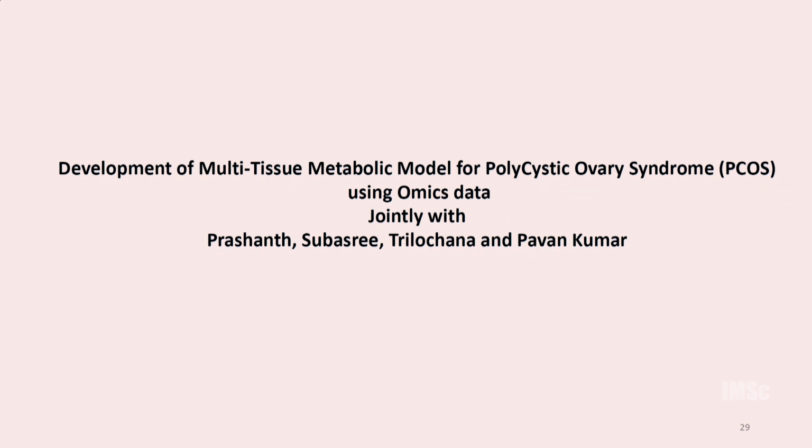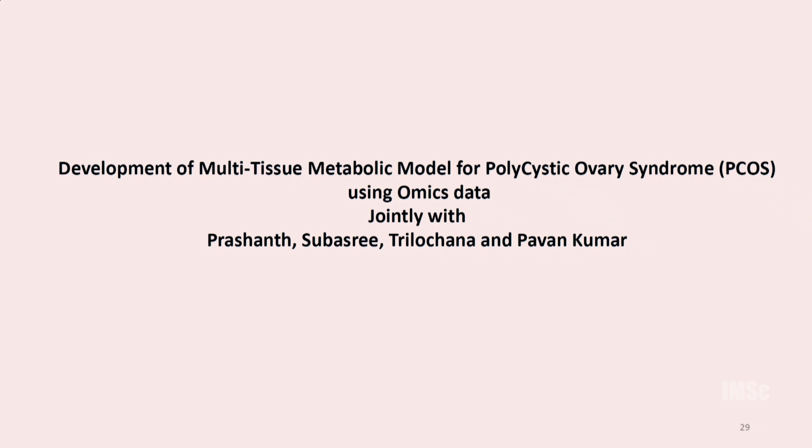So I'll quickly discuss the next story, which is metabolic modeling of multiple tissues for PCOS, polycystic ovarian syndrome. In modern times it is quite prevalent in many women across the world, and in particular in India.